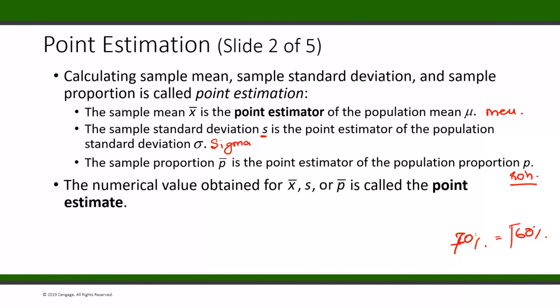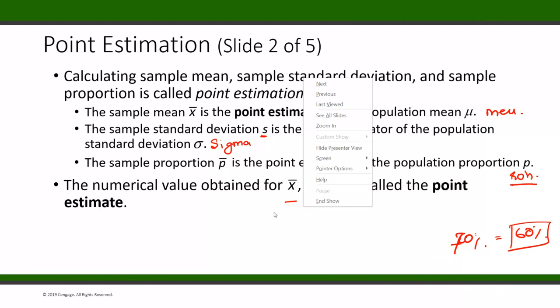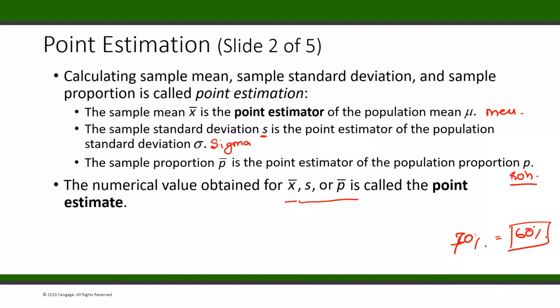So we took a sample and we saw that 60% have taken a training. So this P bar is the point estimator. And the numerical value we have in all of them, we call the point estimate.